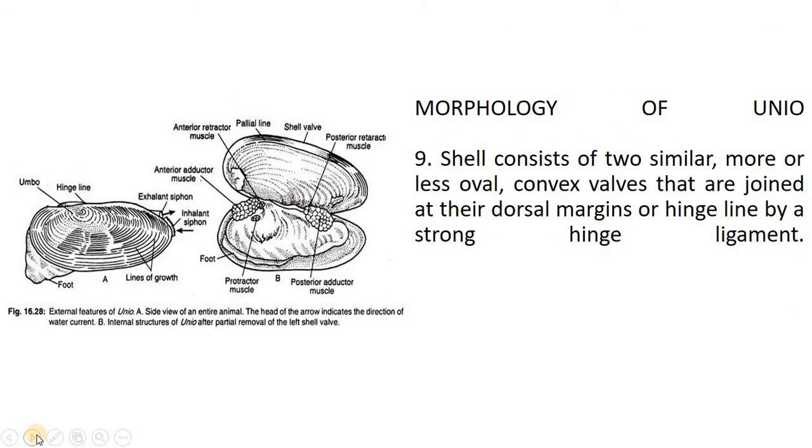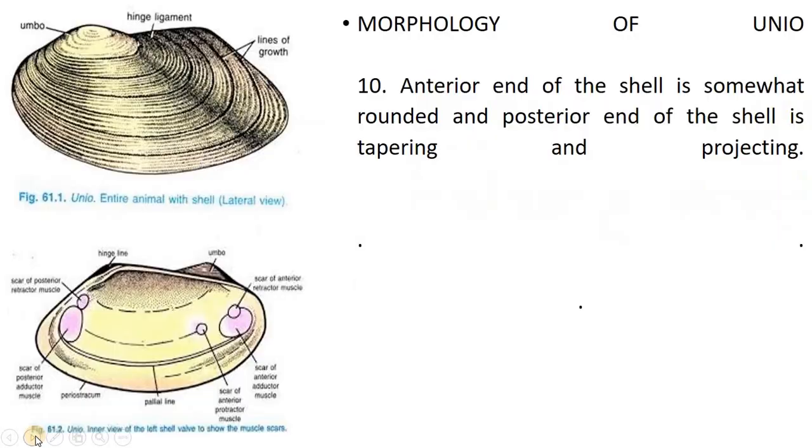Further, the shell consists of two similar halves, more or less oval, convex valves, joined along the dorsal margin or hinge line by a strong hinge ligament. That is why these animals are Pelecypoda or Bivalvia, because two equal shells are present. The anterior end of the shell is somewhat rounded and the posterior end is tapering and projecting.